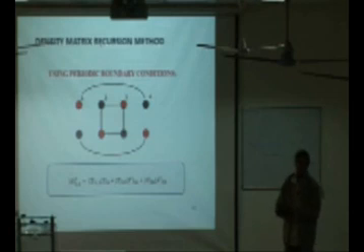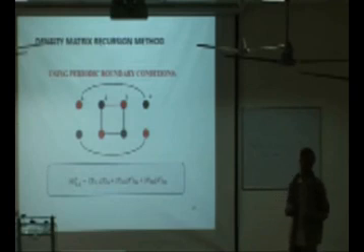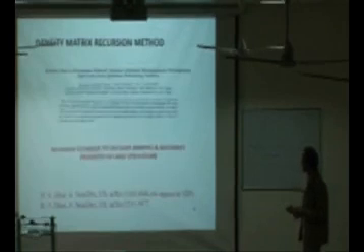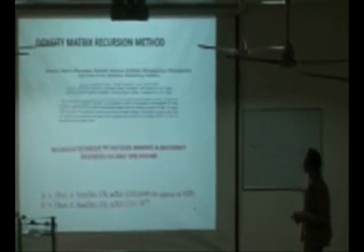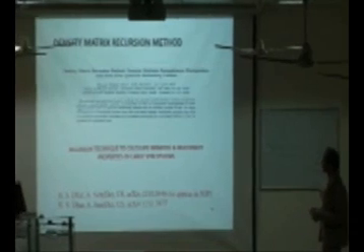You can show that for n plus 2, you need only n plus 1 and n. You don't need anything else. And this is what we did in these 2 papers. You can use that technique to calculate bipartite as well as multiparty properties of large spin systems.